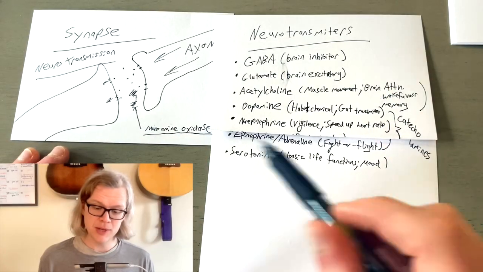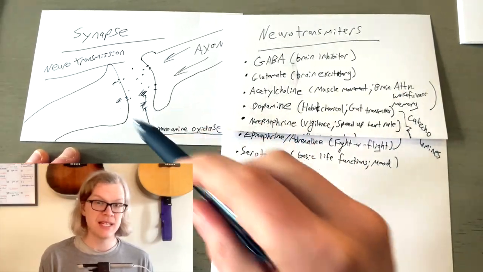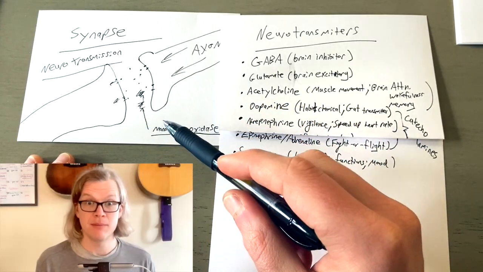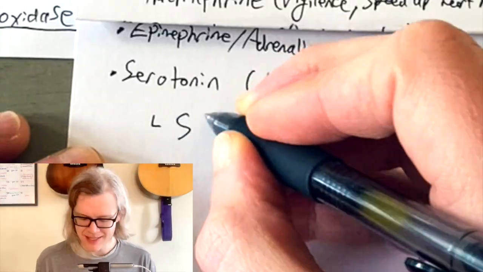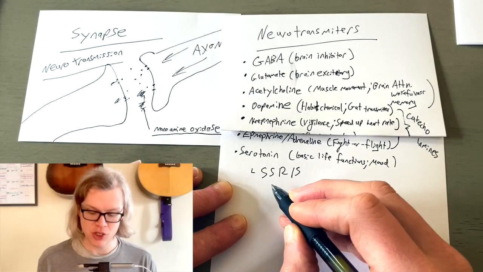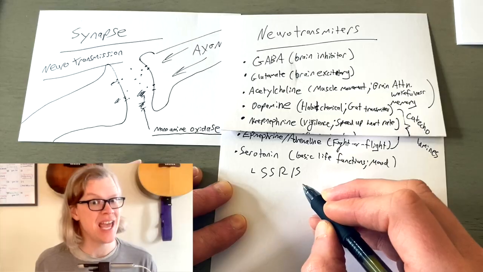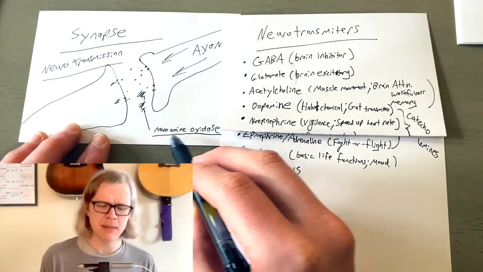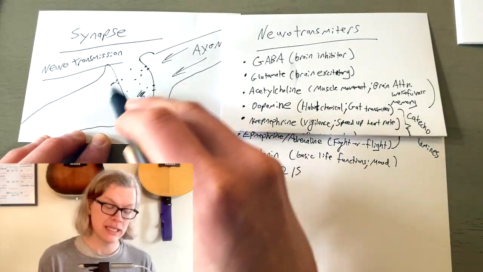Now, we're already talking about serotonin in the synapse getting eaten up too quickly and how that can be a problem. There's a drug for that. SSRI. SSRIs are selective serotonin reuptake inhibitors. We talked about how things like monoamine oxidase can go in there and clean things up.